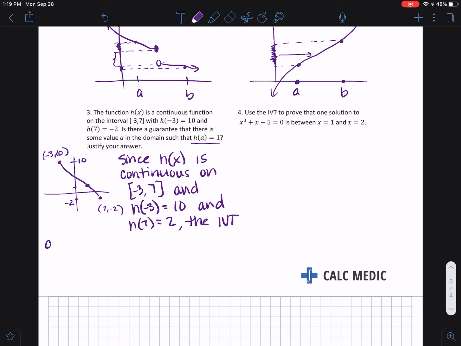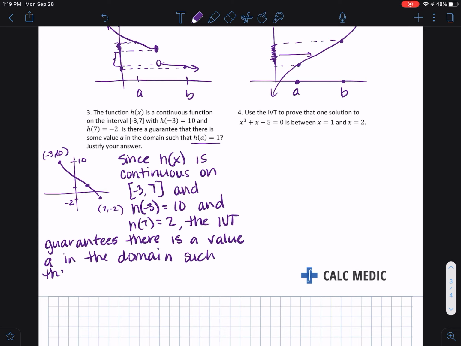The IVT guarantees there is a value A in the domain such that h of A equals 1, since we can show that -2 is less than or equal to 1, which is less than or equal to 10.